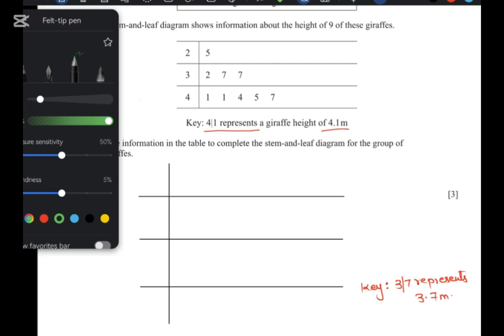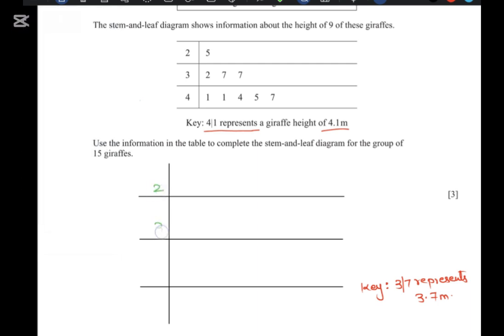Now write the numbers. First is 2, 3 and 4. Now the highest is 4.8, so write 8 here. The smallest is 5, so start with 5. Then you have to write 15 such numbers.